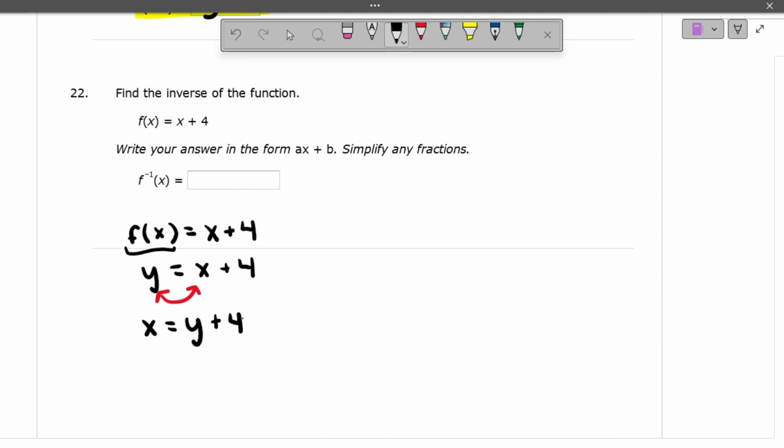Okay. And then solve for y. So in order for us to solve for y, let us get y alone by doing minus 4 to both sides.